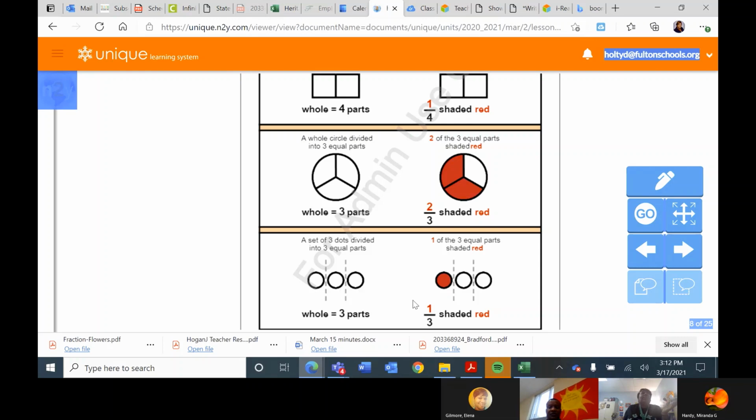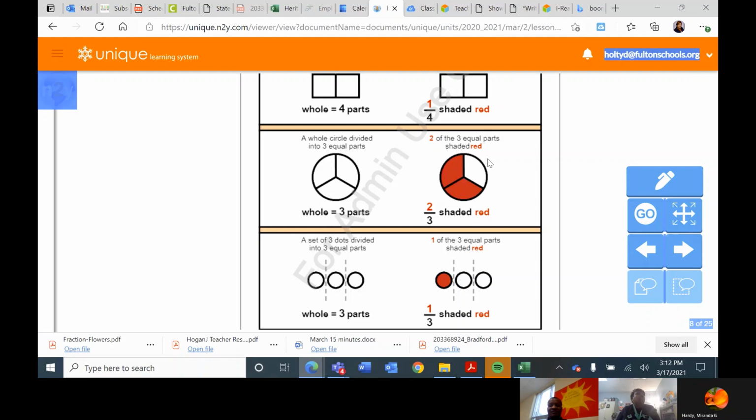Well, my brother decided he didn't want any, so the only person who's going to get a piece of this candy bar would be me. So I'm going to shade in 1 part so that we can see 1 part shaded in. That's how we figure out what a fraction is.